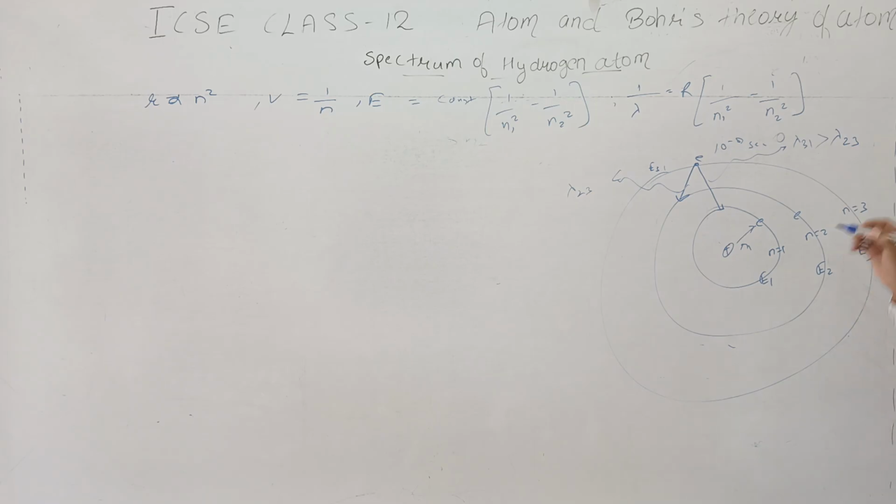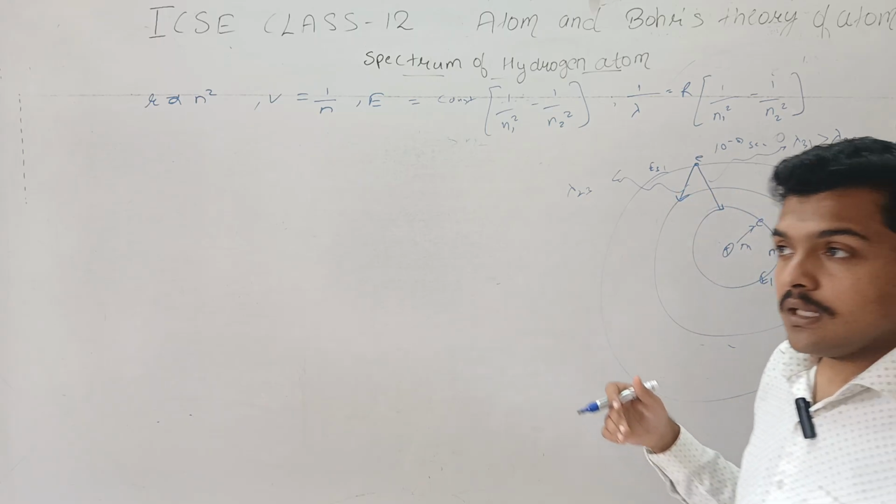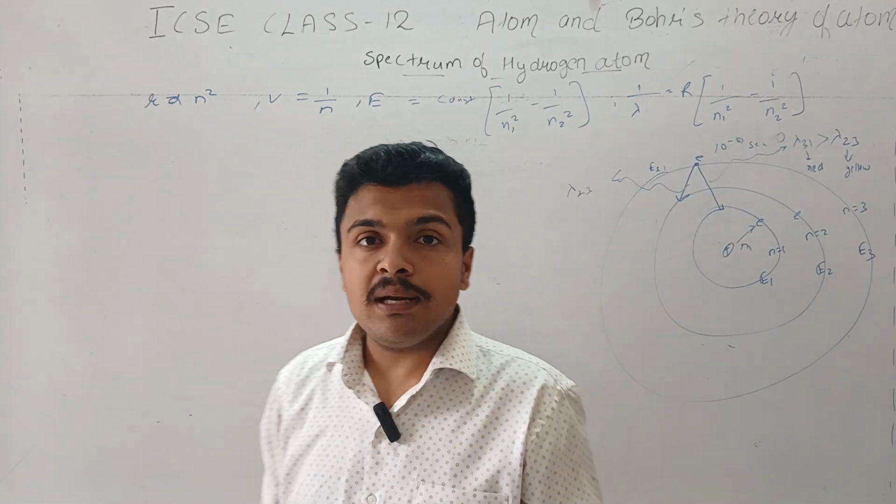Maybe, as we have seen the first red color line, this may be the red color line, and this may be, suppose, the yellow color line. So maybe this transition is for the red color line, and this transition is for the yellow color line. That decides which color of light will be emitted and which will not.